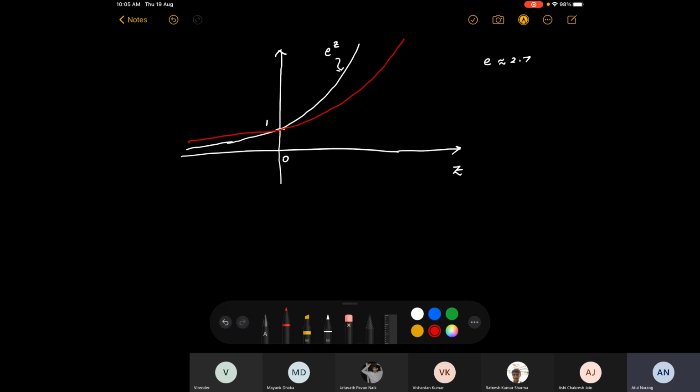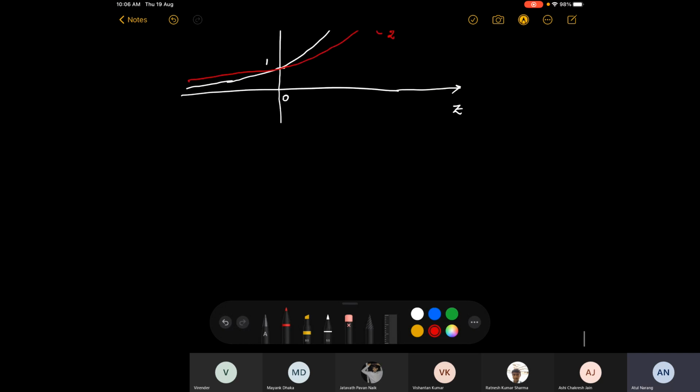So this is 2 to the power z, which is always below. For every z that you take, e to the power z is bigger than 2 to the power z. But what is interesting is that by a slight rescaling of the z-axis, you can make the two functions overlap.